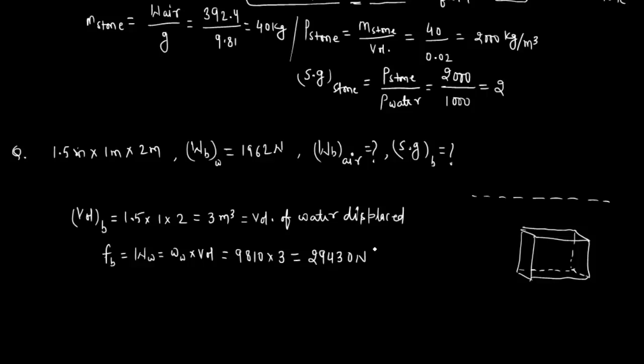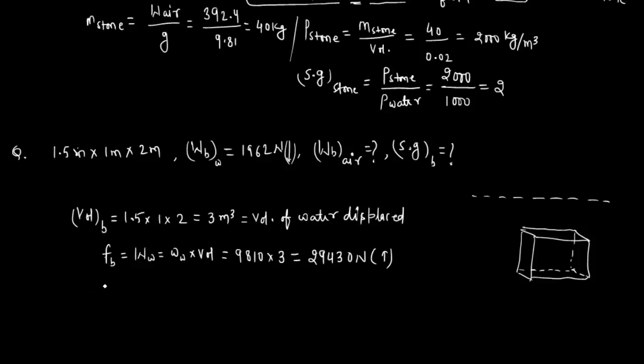As this force is acting in upward direction, and weight of the body in the water is given, that is 1962, acting in downward direction. When the body is in air, there is no buoyant force, so obviously the weight of the body will be equal to the sum of weight of the body in the water plus the buoyant force.